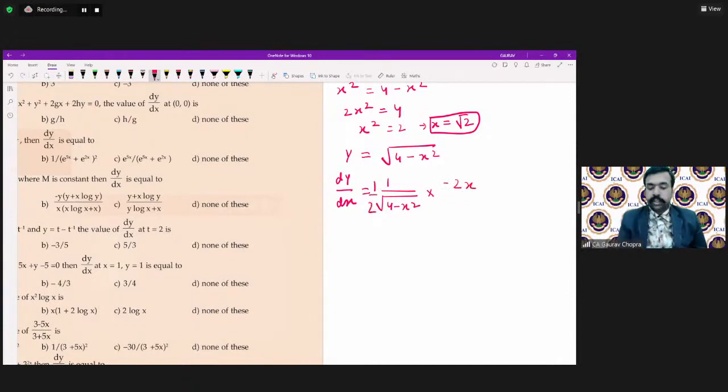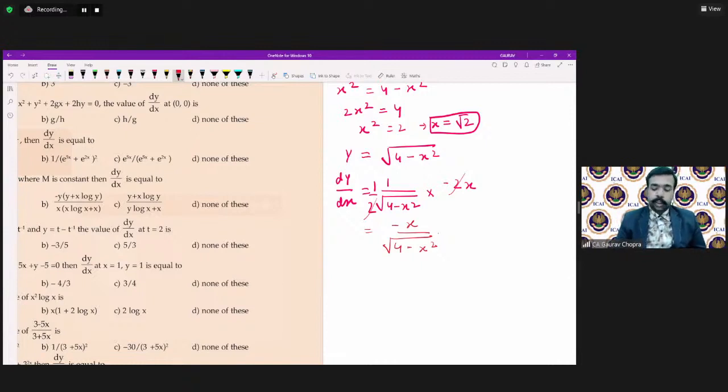So here we can write 1 upon 2 root of this and then minus 2x. So here 2 and 2 will get cancelled. So what is left? Minus x divided by root of 4 minus x square. Okay, so we are left with this thing.